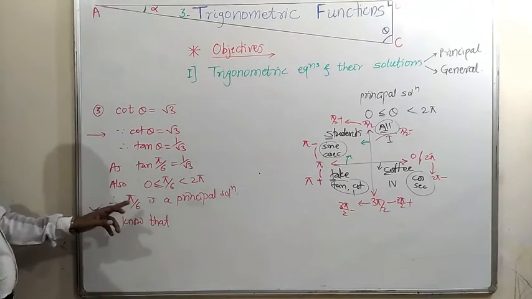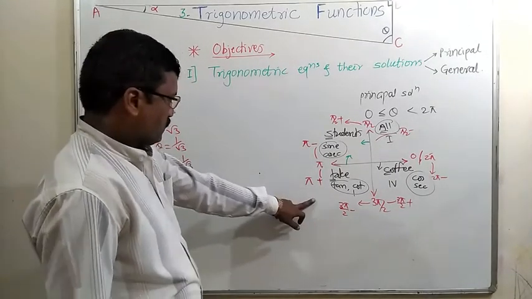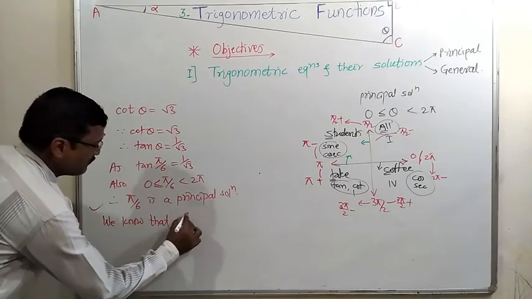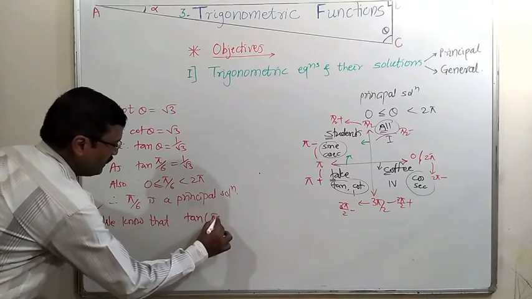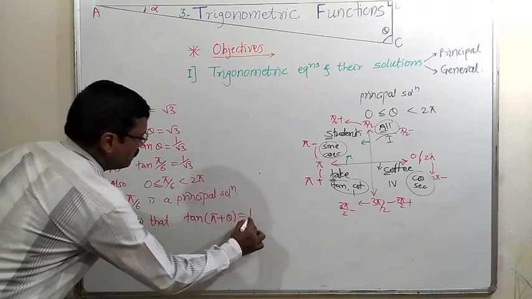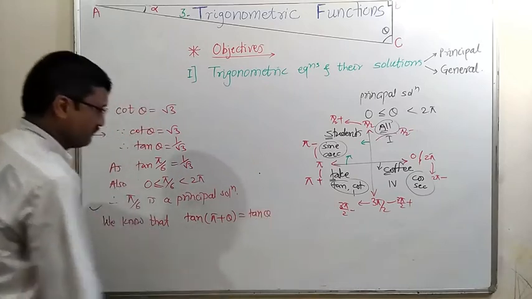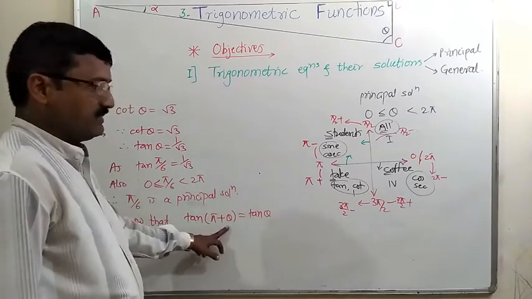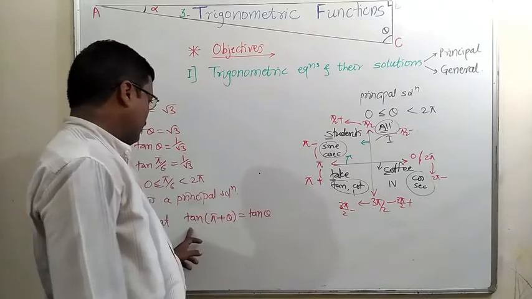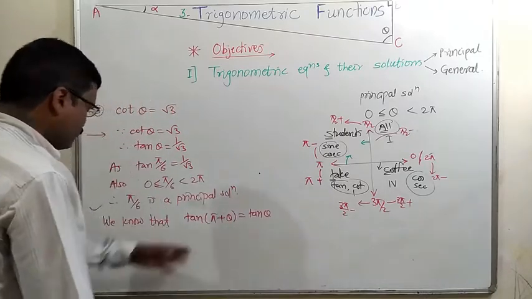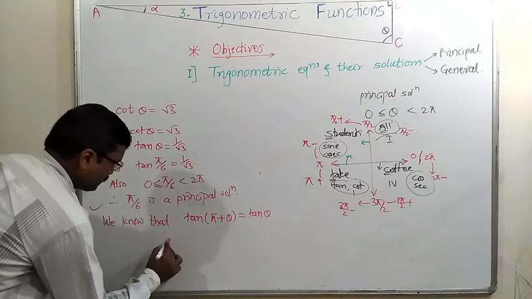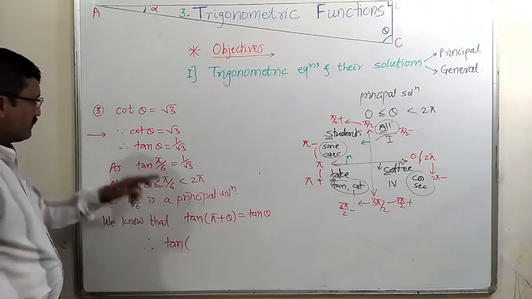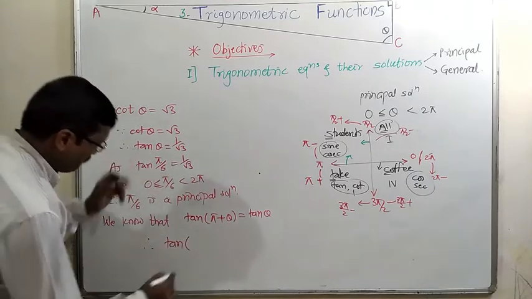Here tan is positive in the third quadrant, so we can take pi plus, and use the formula: tan of pi plus theta is equal to tan theta. As we have taken the full angle pi, there is no change in the trigonometric function, and pi plus theta means it is in the third quadrant, where tan is positive, so we get tan theta. Theta is our pi by 6.